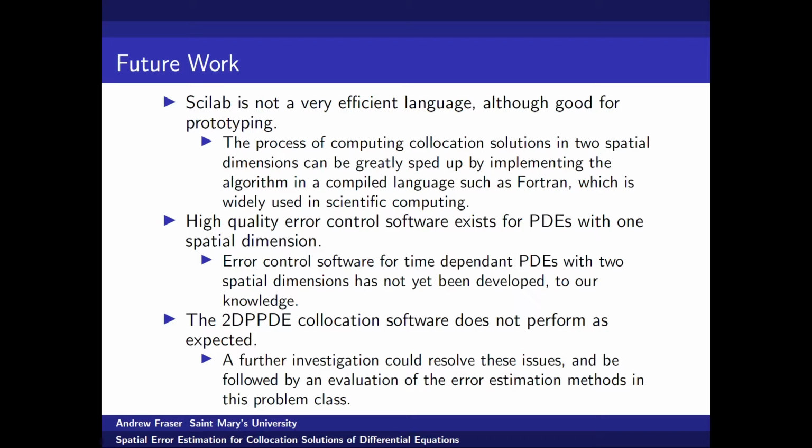Another opportunity for future work is that high-quality error control software exists for PDEs with 1 spatial dimension, although error control software for time-dependent PDEs with 2 spatial dimensions has not yet been developed to our knowledge. Finally, the 2D PPDE collocation software, as mentioned, does not perform as expected, so a further investigation could resolve these issues and be followed by an evaluation of the error estimation methods in this problem class.